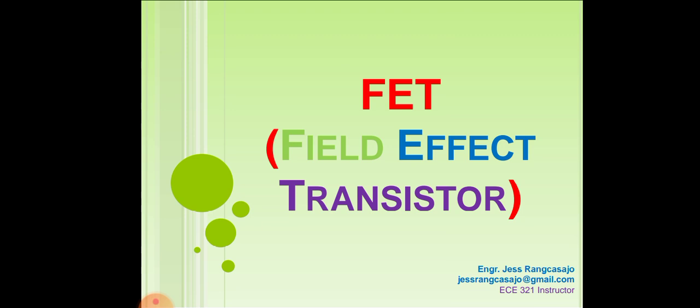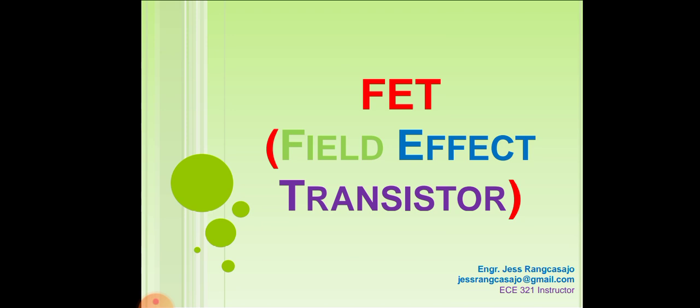It is also a transistor, but the construction is different from BJT, that is the conventional transistor. In the previous chapter we have seen the transistor whose name is bipolar junction transistor, that is a conventional transistor. But we have made some changes in the construction, so the transistor is called a field effect transistor.